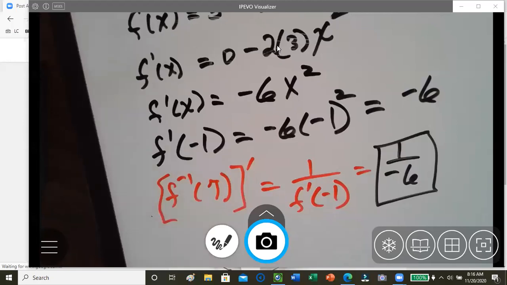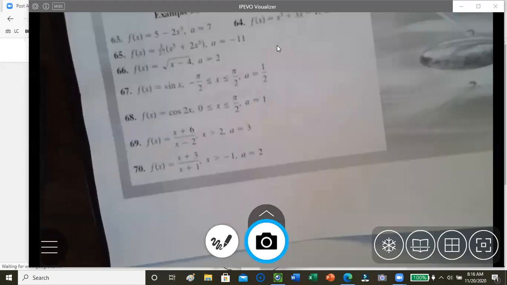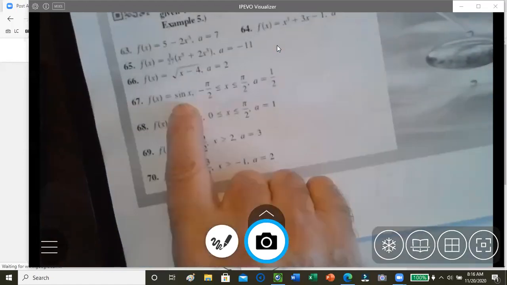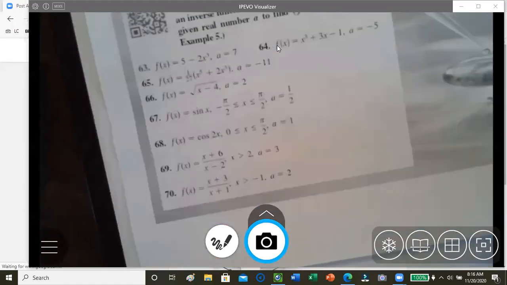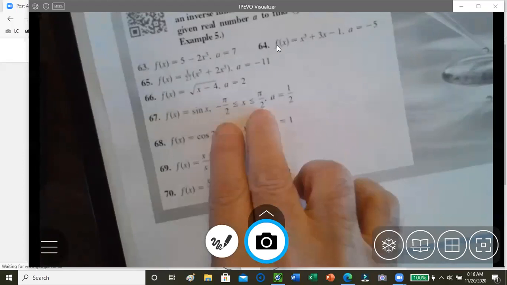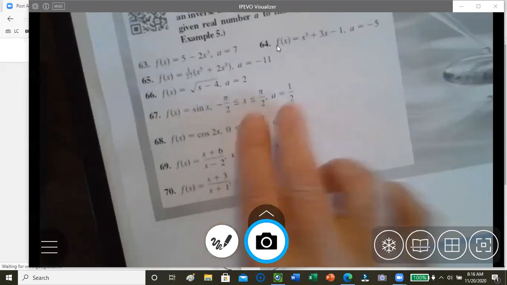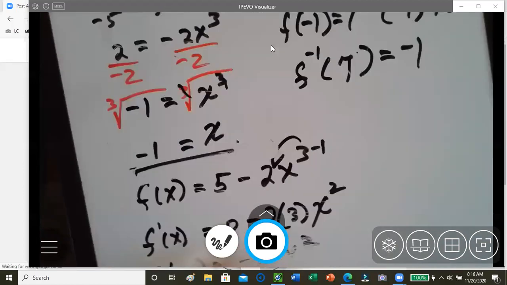All righty. So let's look at another problem. Let's look at problem number 67, where we have sine x, and we're operating between negative pi over 2 and pi over 2, where a is 1/2.